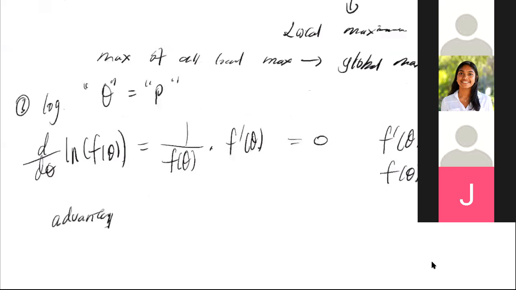So for example, if the original function has e to the theta times, I don't know, theta to the 10th. If you take log of this function, there's a property of log that if you take the log of something times something, that's just a log of something plus a log of something. And another advantage of the natural logarithm is that its base is e.